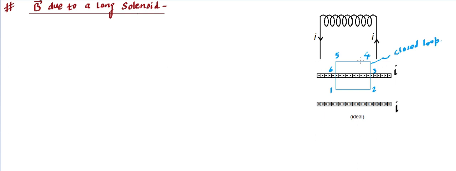Then the next point in our conversation is to talk about the sense for this. So let's say we are giving this as a sense for this. Now, if we talk about the direction of magnetic field, then we know this is the wire which is carrying the current in the outward direction. These are the wires which are carrying current in the inward direction.